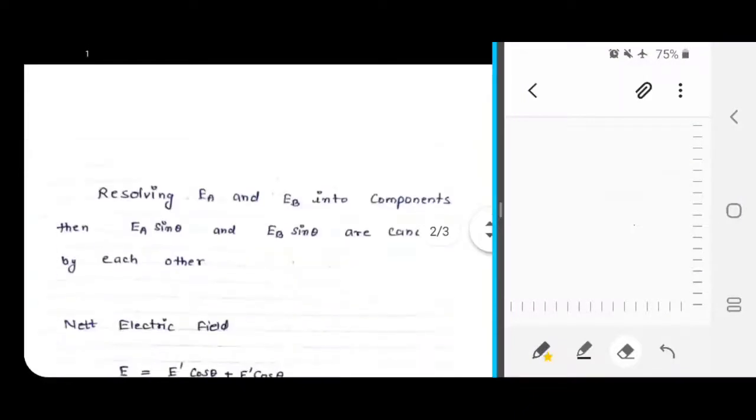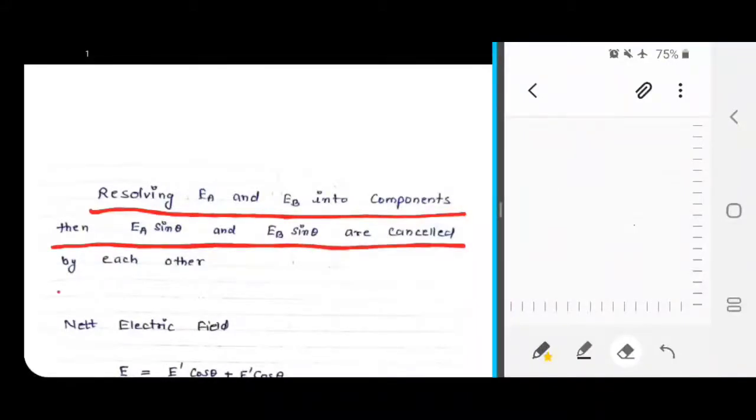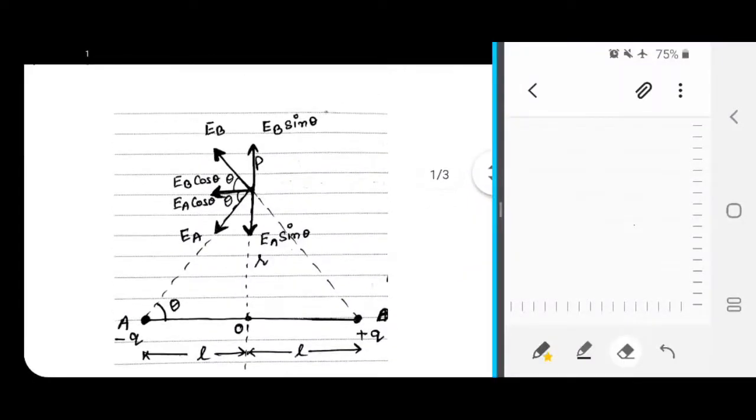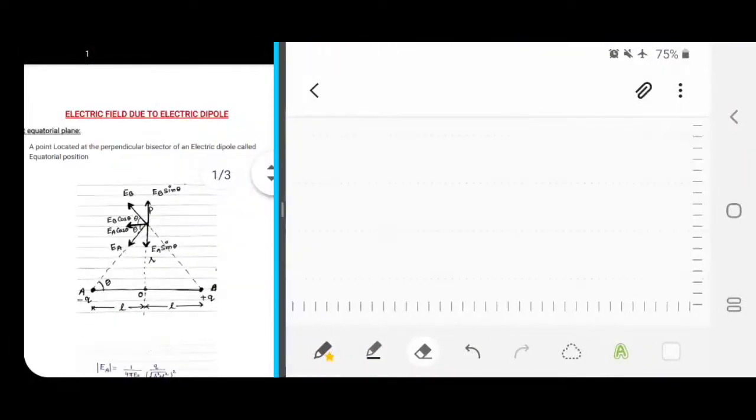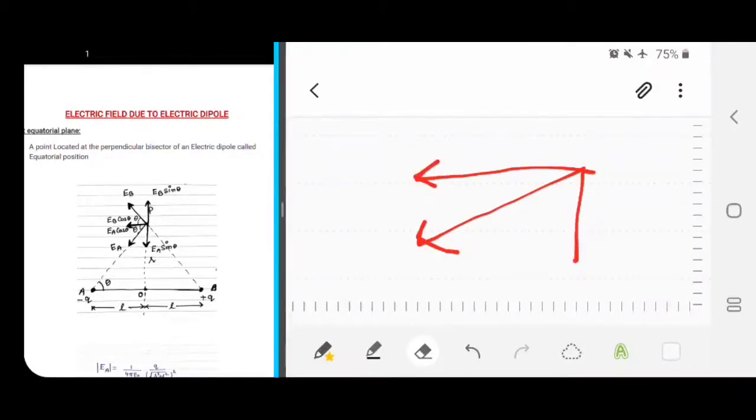So when we proceed, here we have done the resolution of the vectors EA and EB. You can read that when resolving EA and EB into components, EA sin theta and EB sin theta are cancelled by each other. Here the electric field produced by the point A at P is in this direction, EA, and when we resolve the vector EA into two components, one is this and the other is this.